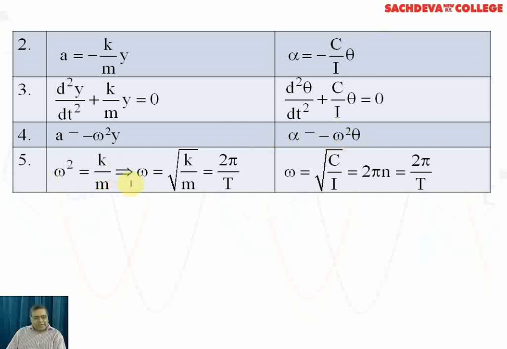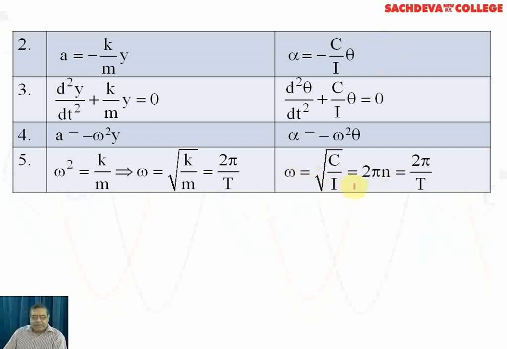Anyway, we can calculate, and the formula will become omega is equal to under root K by M, or 2 pi over T. Now, if we want to find T, it will become 2 pi under root M by K, and frequency is 1 over 2 pi under root K by M. Similarly, the angular acceleration alpha is equal to minus C over I into theta, where C is the couple.